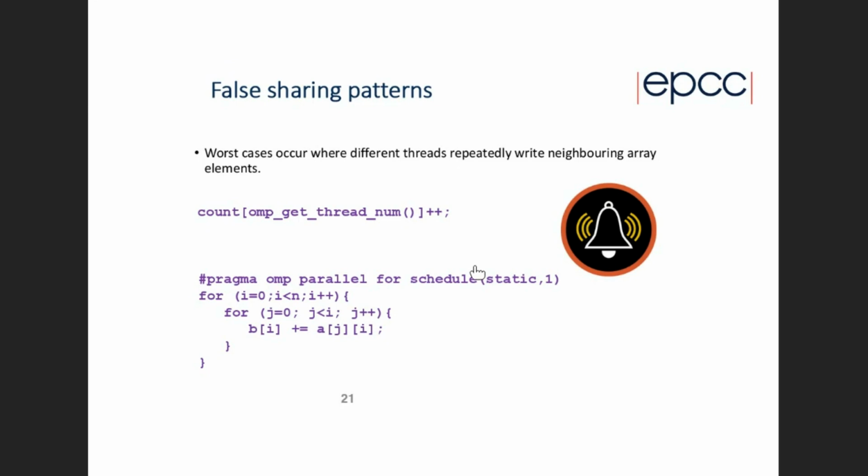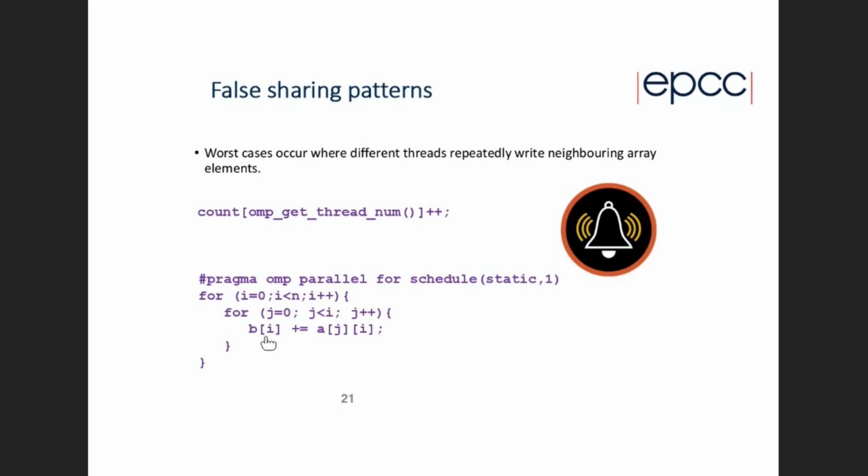You can also run into it with code like this. Suppose one of my triangular loops again, this time focusing on the array that's being written to. If I use a schedule here with a chunk size of 1, thread 0 will execute I equals 0, thread 1 will execute I equals 1, and so on. So I get a cyclic distribution of I values across the threads.